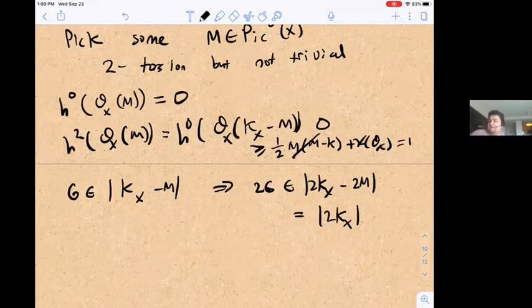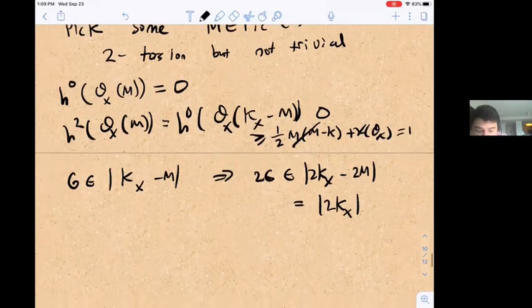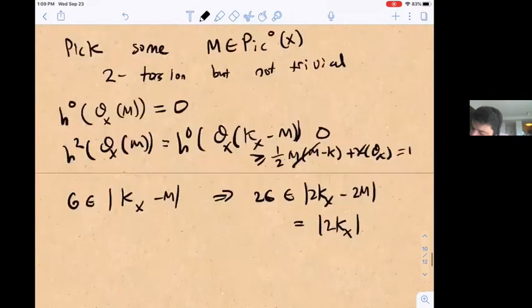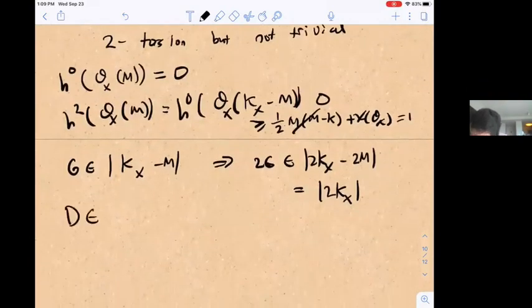So we have some g, so that 2 times g is an element of 2kx. But on the other hand, we're also assuming the genus is 1, so we also have some d in just kx. Kx has a unique section given by some d.